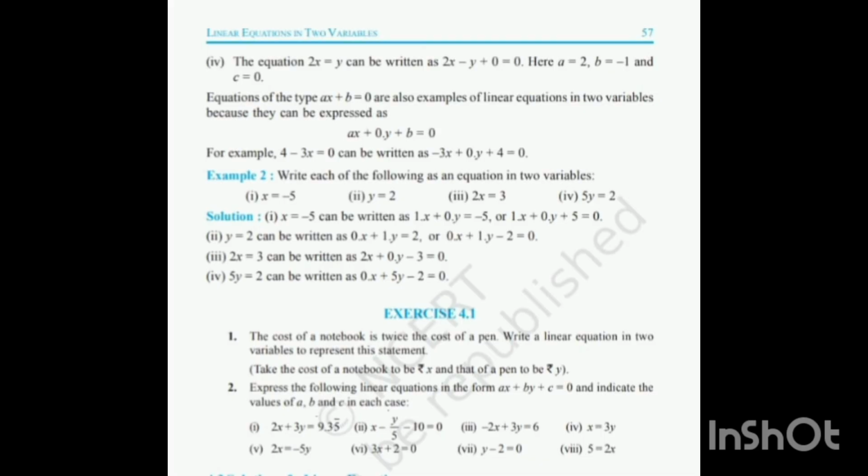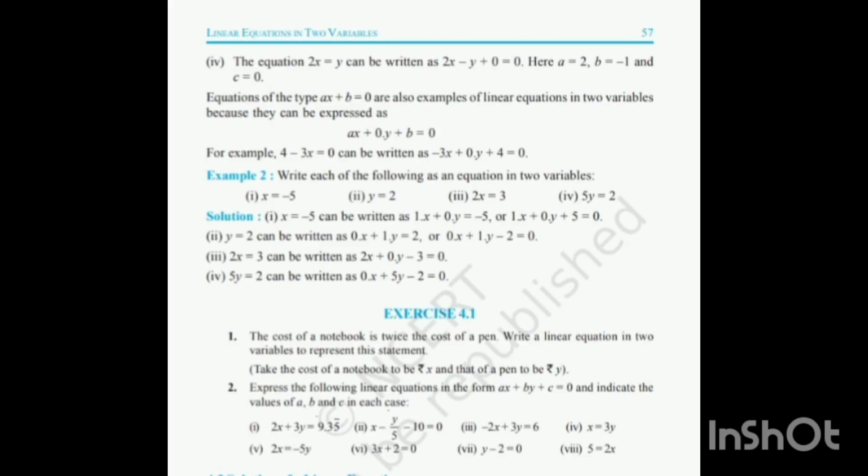Now the cost of the notebook is twice, so we can write 2x, and the pen costs y. So 2x is equal to y. We can write this as a statement: 2x minus y is equal to 0.